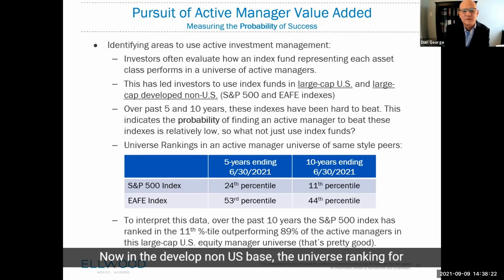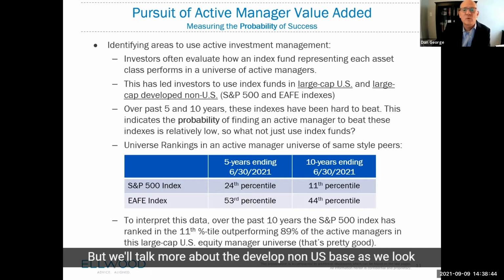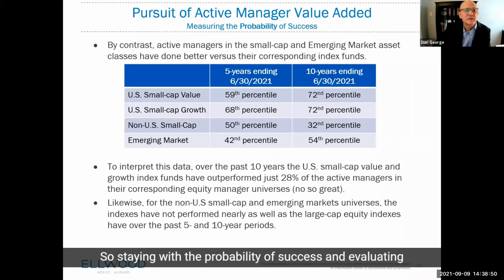Now, in the developed non-US space, the universe ranking for the EFA index fund is not quite as high. A 44th percentile ranking leaves a pretty good margin for the pursuit of active management. And likewise, a 53rd percentile ranking over 5 years indicates there's some opportunity here to pursue active managers. But we'll talk more about the developed non-US space as we look at some other asset classes.